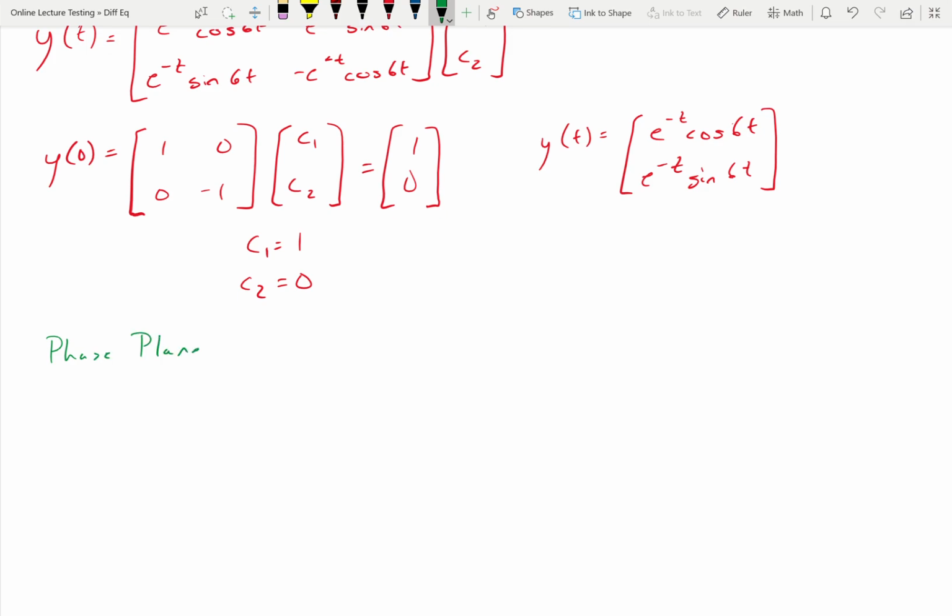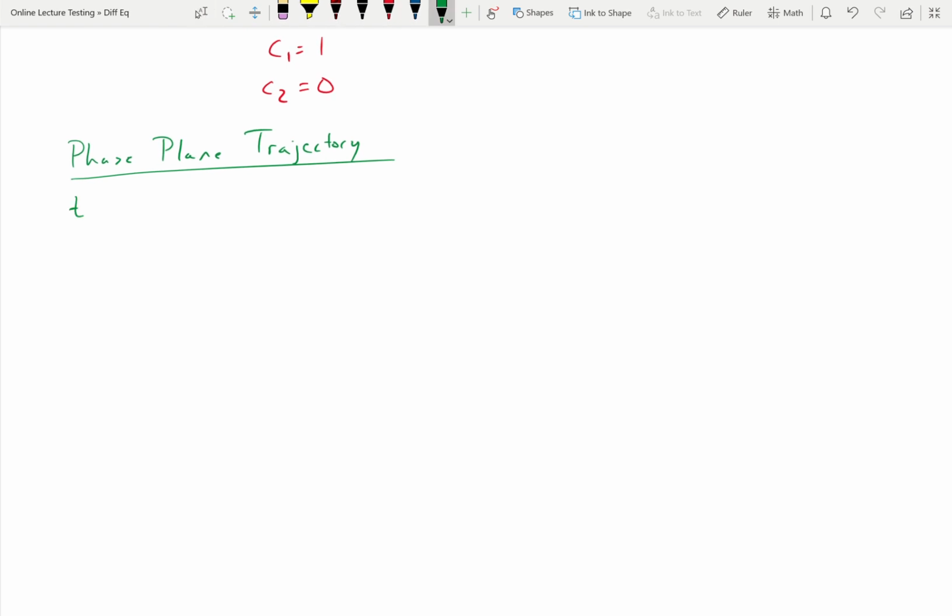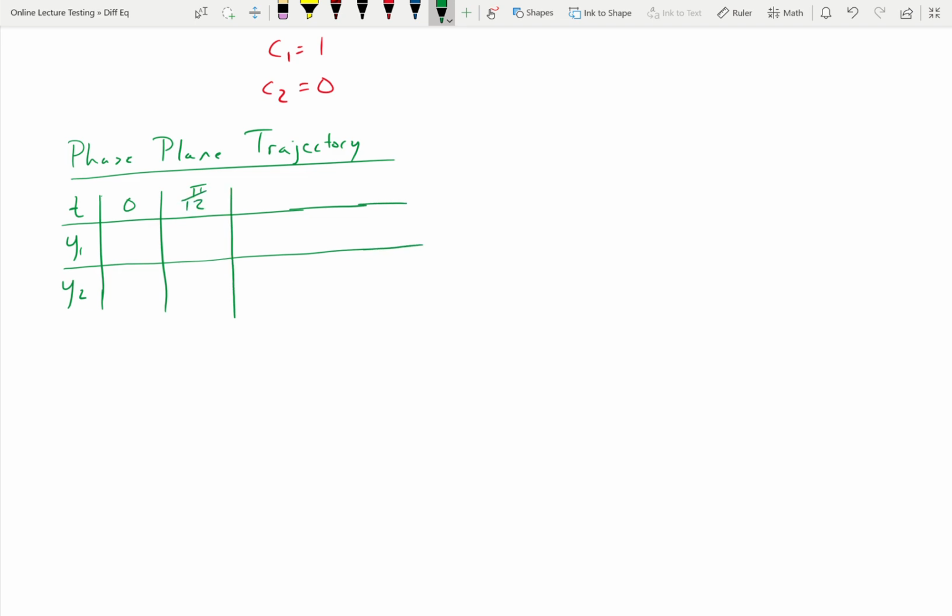All right. So let's look at the phase plane trajectory. Here I am going to look at a quick table of values. Here's y1, here's y2. And here I was very careful about my choices, so that way we could get nice whole numbers for the most part coming out of this, at least in terms of when sine and cosine are 0.